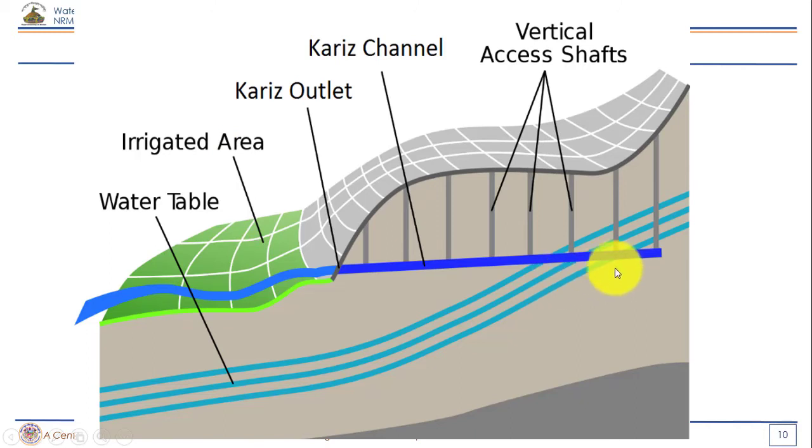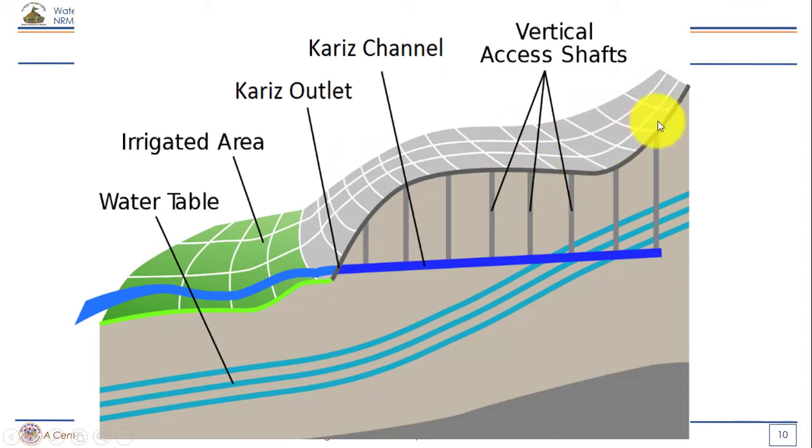You have a few kilometers of tunnel dug all the way from the point where we can see the surface, and these blue lines over here are basically the groundwater. The Qanat system is a system where groundwater is connected by a series of wells, and these wells are an access point for people who are living in this area.